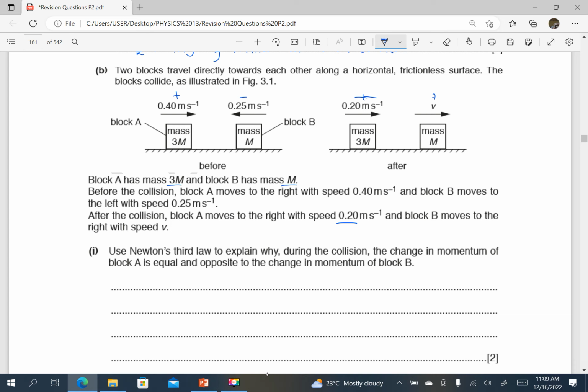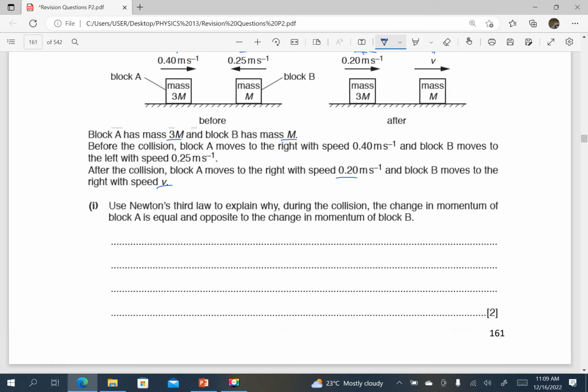Use Newton's third law to explain why during the collision the change in momentum of block A is equal and opposite to the change in momentum of block B. Remember, the time of collision is the same.